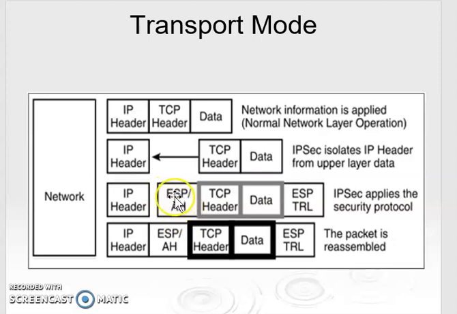ESP is used as a header and a trailer, and for message authentication we use the authentication header protocol, wherein you insert only the authentication header. After the header has been inserted, the packet is reassembled. So this is the transport mode of IPsec.